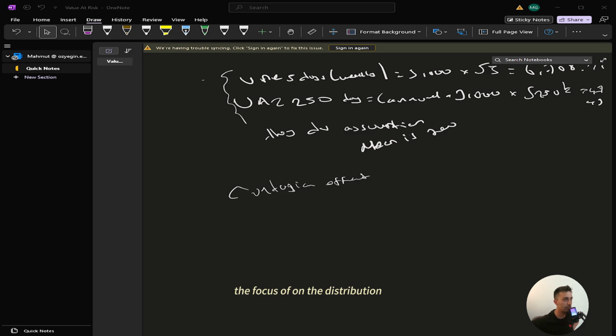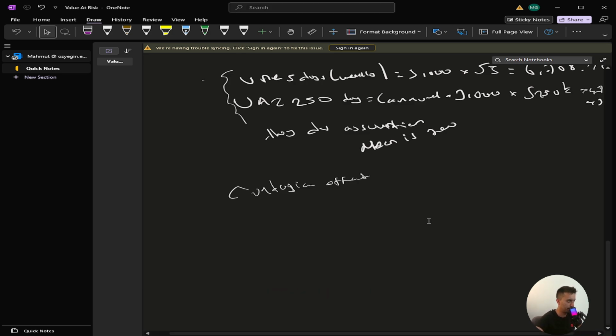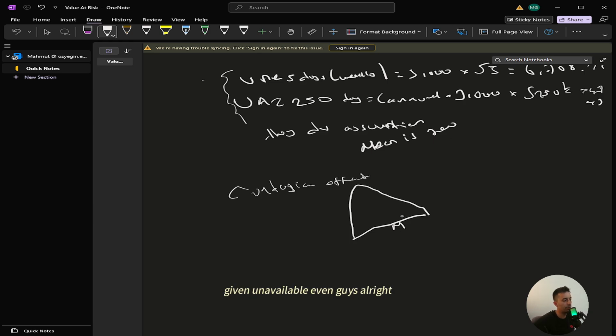The focus is on the distribution of the worst possible outcomes, guys. Possible outcomes given an unfavorable event, guys. All right, even for an unfavorable event. And this is our normal distribution, guys.